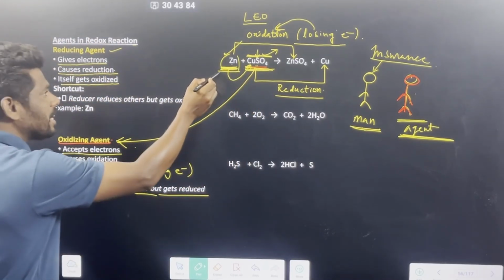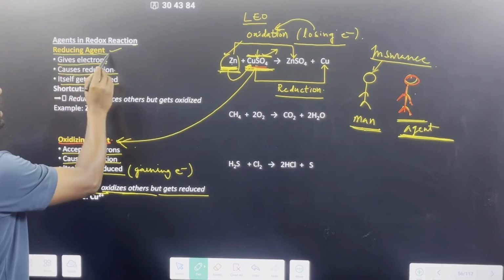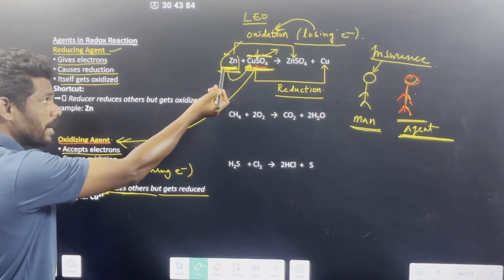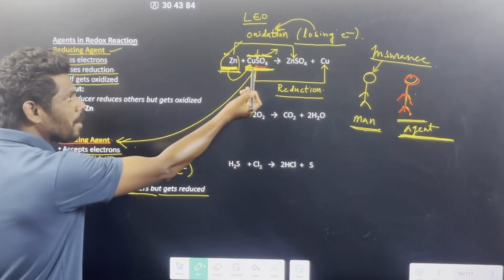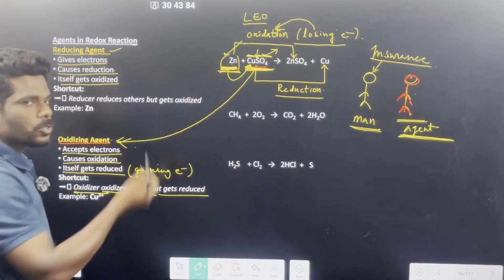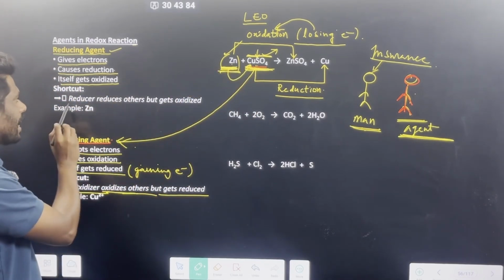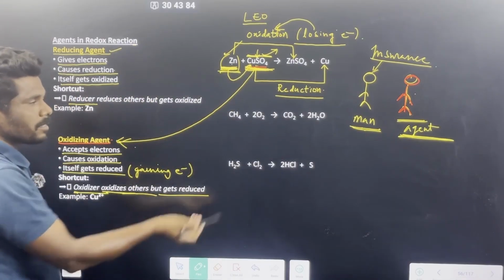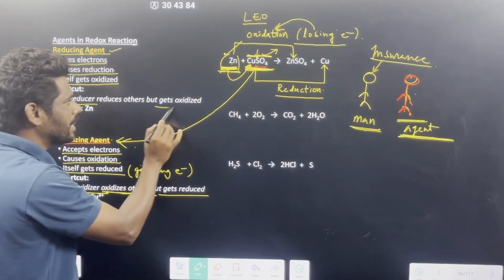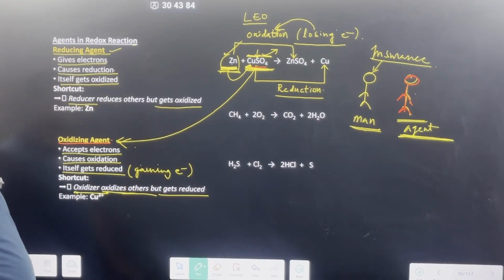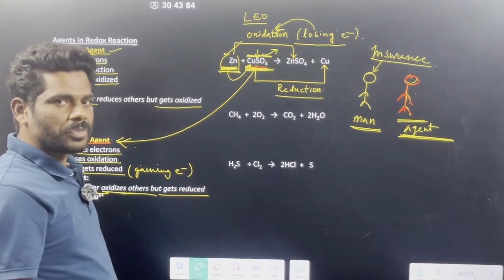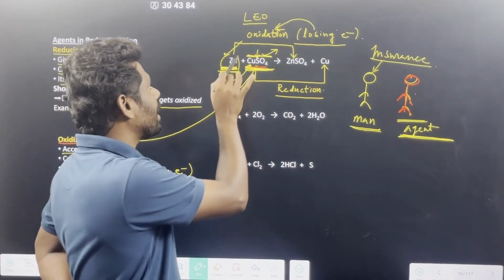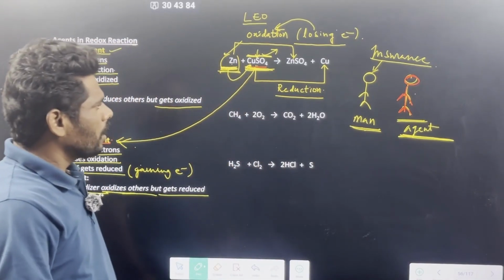So here zinc is the reducing agent. So the reducing agent, in short, we call it a reducer: it reduces others, but itself undergoes oxidation. That's why zinc is undergoing oxidation. It is the reducing agent because it is causing the reduction of copper sulfate.